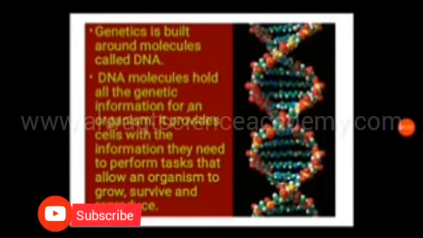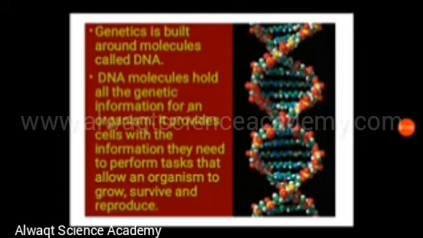Genetics is built around a biological molecule known as the DNA. DNA molecules are known to hold all the genetic information for an organism. It provides cells with the information they need to perform tasks that allow them to grow, survive, and reproduce.